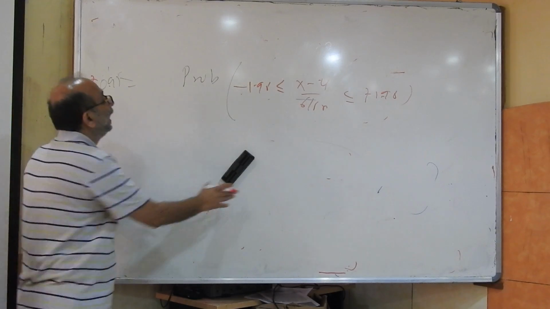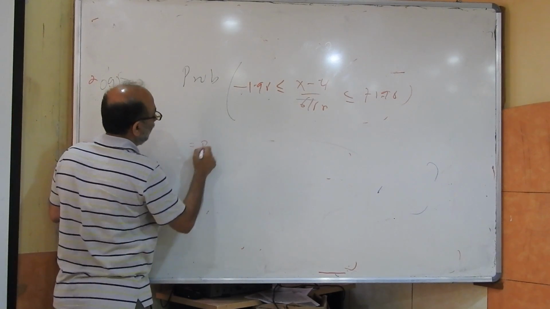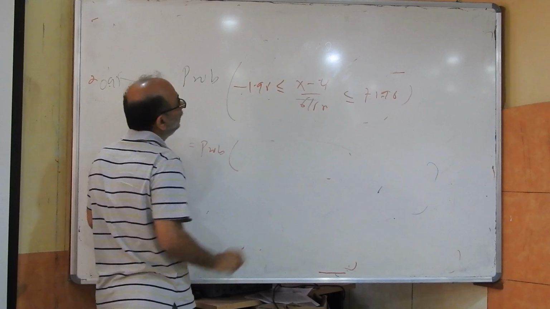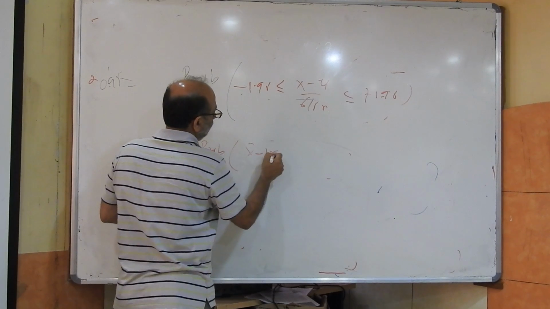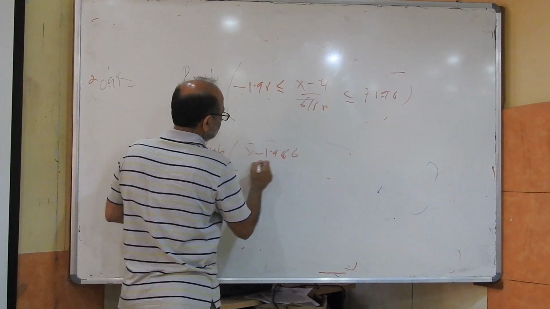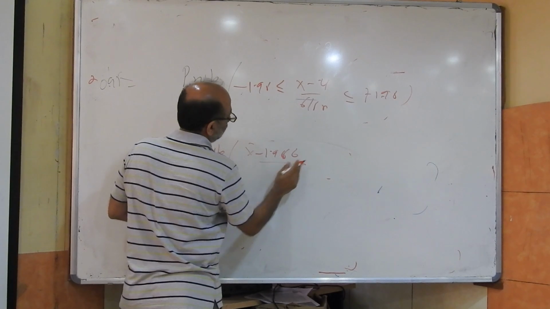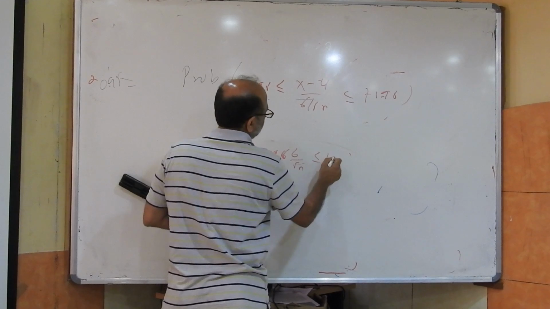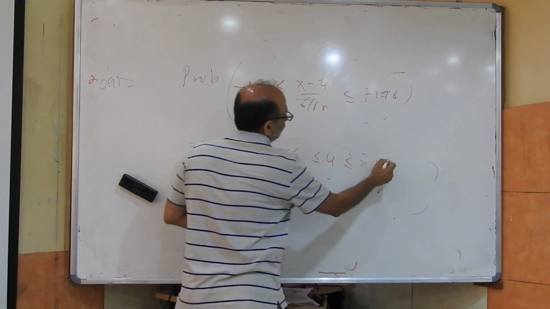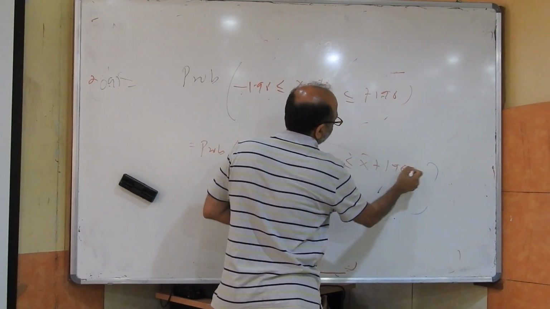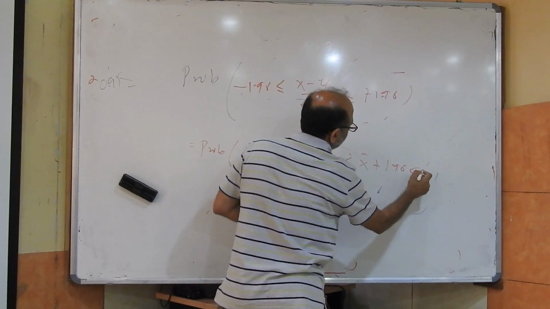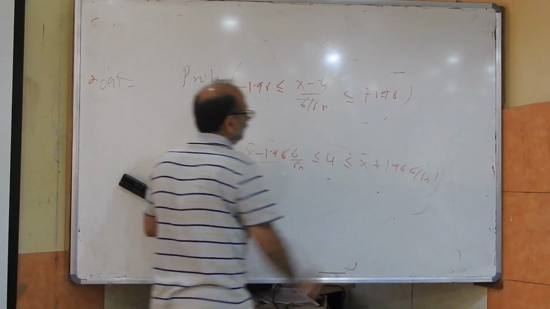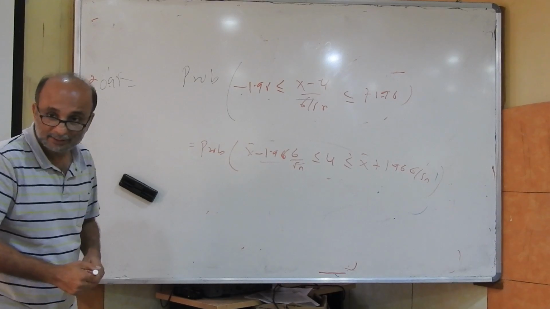I can change this to write the probability of X bar minus 1.96 sigma by root n, and so on.